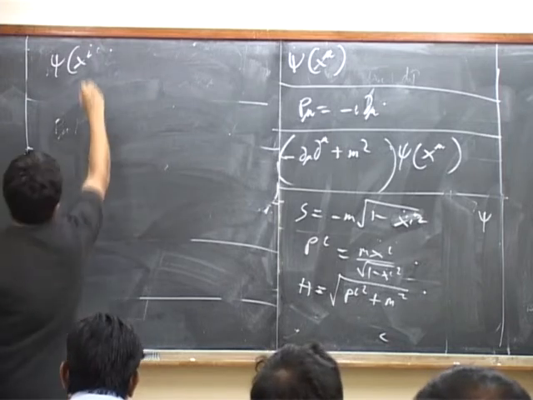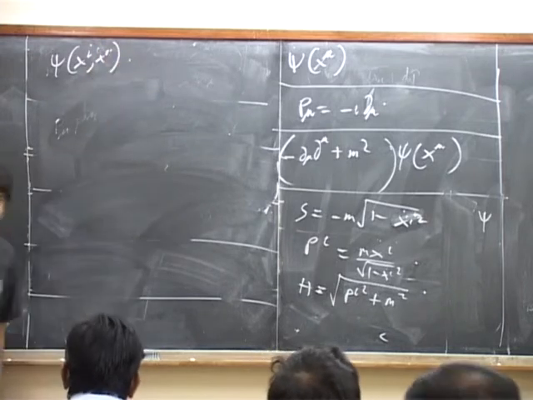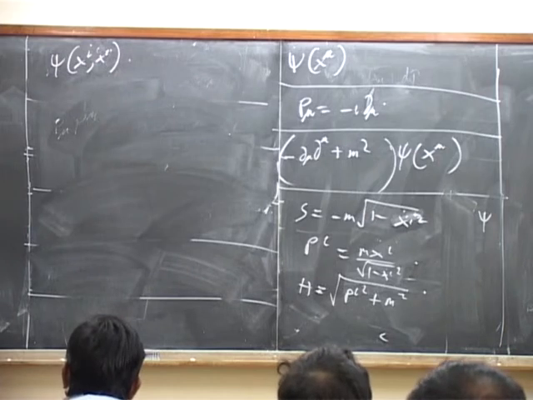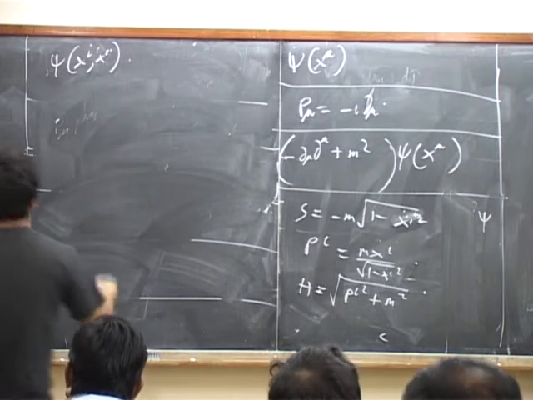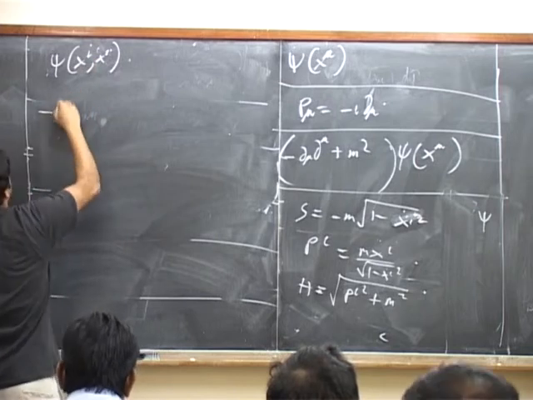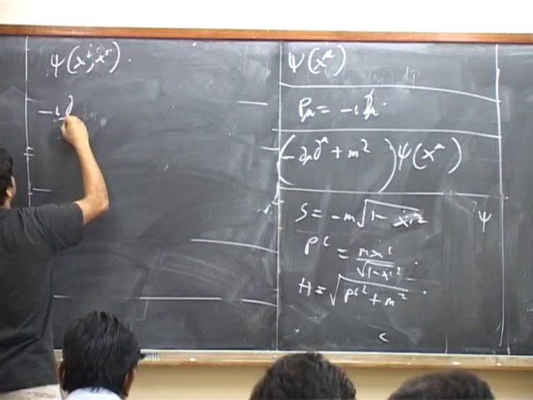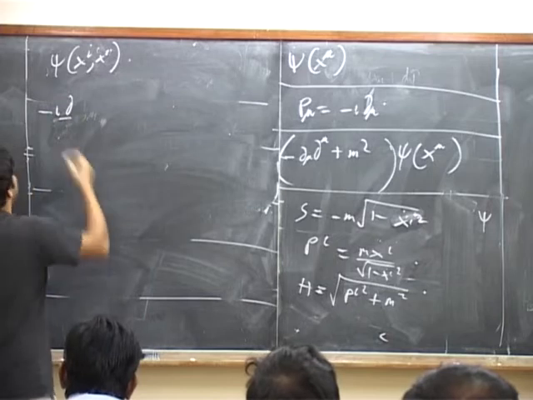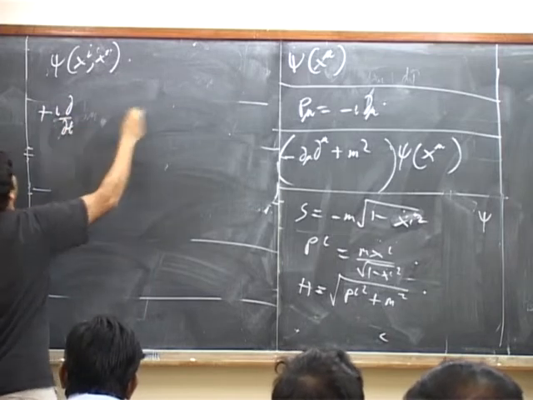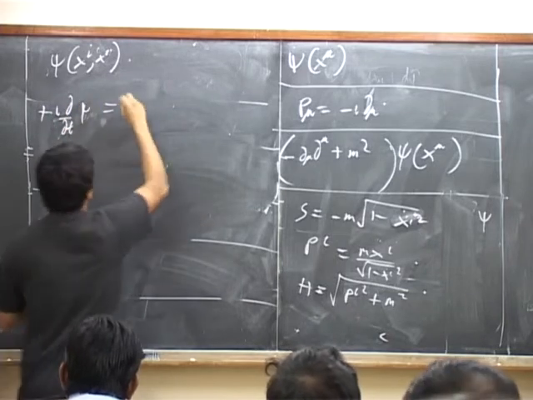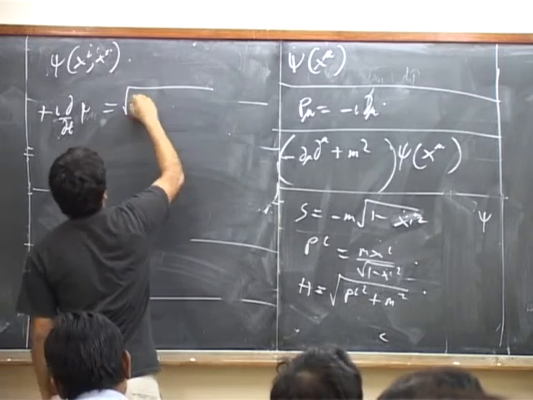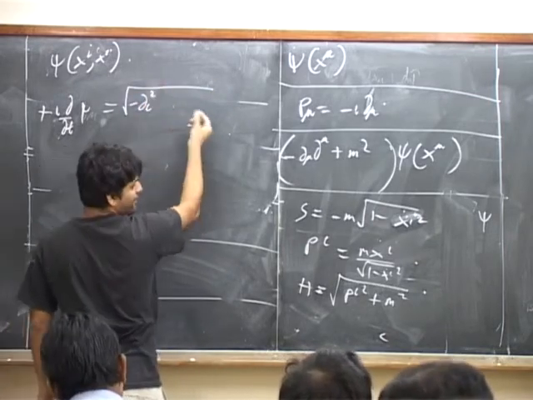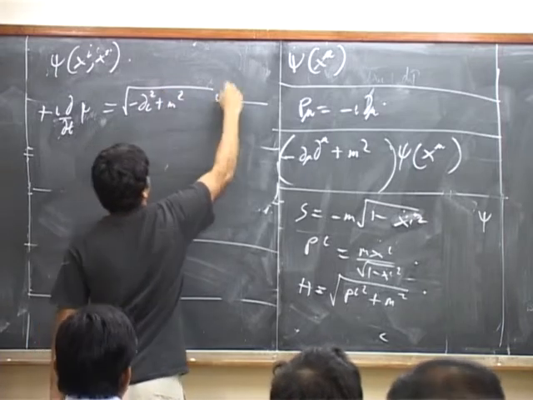So it's also a function of time. And this wave function obeys the Schrodinger equation. What is the Schrodinger equation? The Schrodinger equation is i d by dt on psi is equal to H on psi. H is this. So that's minus del xi squared plus m squared on psi.